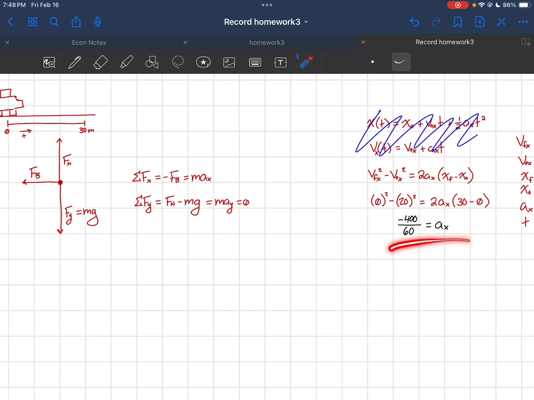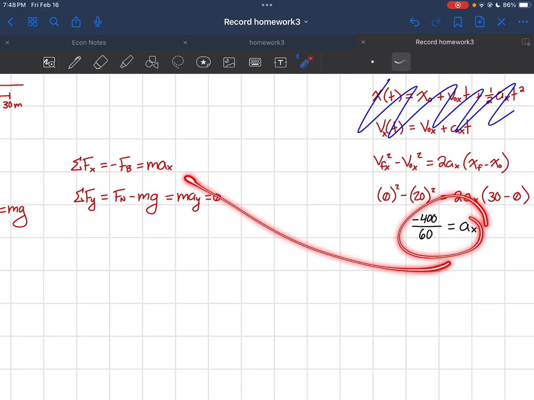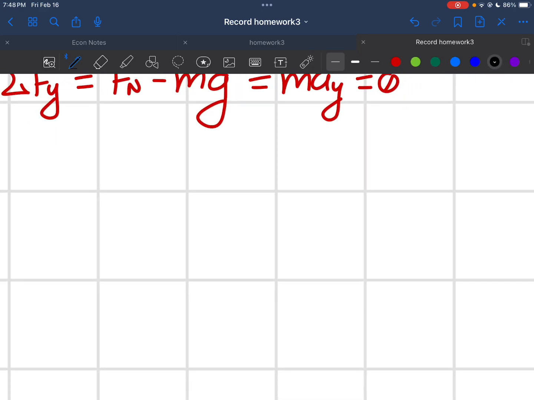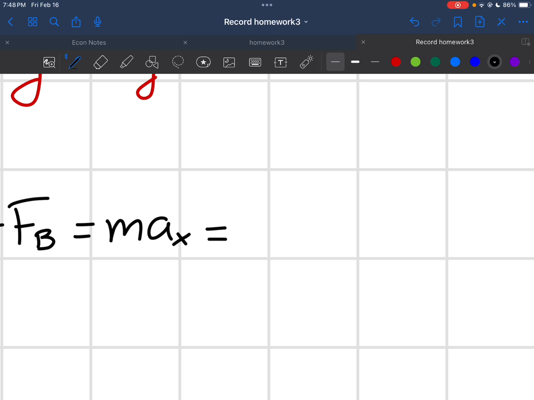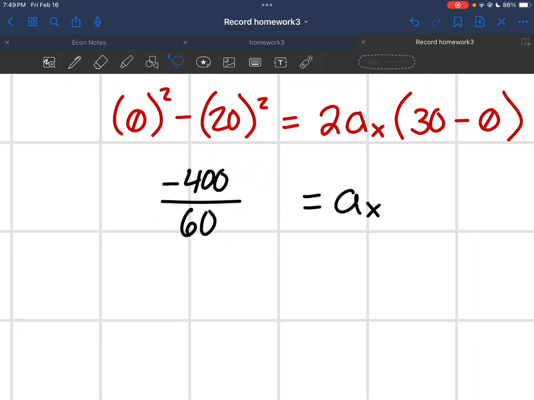So again, it makes sense that my acceleration is coming out to be negative. So if I take that and plug it in over here, we get that minus my force of the brakes is m a_x, and a_x, we just said, was minus 400 over 60. I forgot my units, that was my bad. That's going to be in meters per second squared.